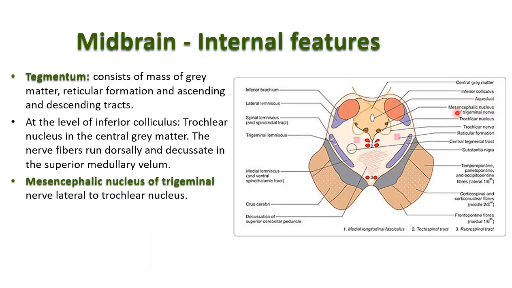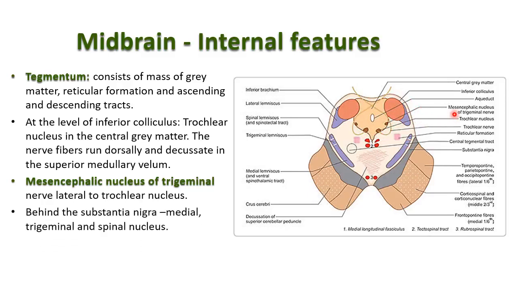The other nucleus is the principal nucleus, which we have seen in the pons, and one more nucleus is the spinal nucleus of the trigeminal nerve. So in the midbrain, you see the mesencephalic nucleus in the periaqueductal gray matter involved with proprioception for the muscles of mastication and extraocular muscles.